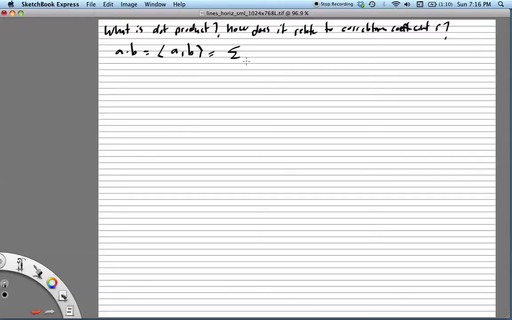And by definition, this is the sum of A_i B_i, from i equals 1 to n, in R^n. Okay, so let's go into R2 and see some examples.